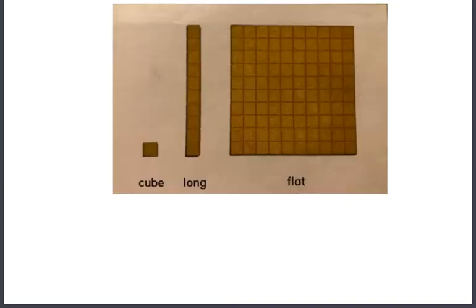Right here I have a cube, a long, and a flat. These are called base 10 blocks. Let's start with the base 10 cube, this guy right here. It represents 1.